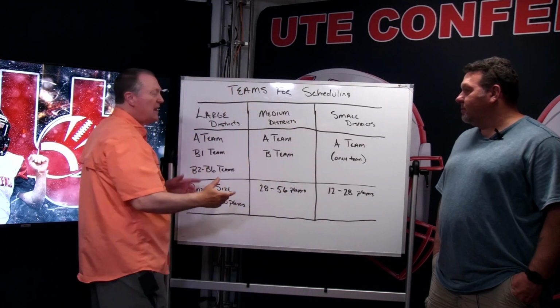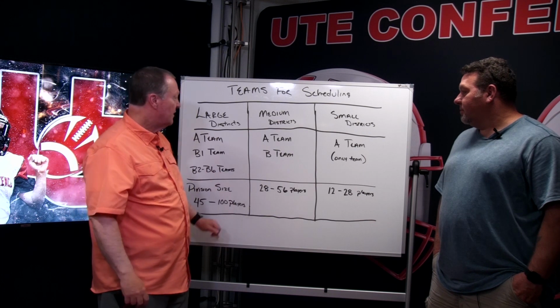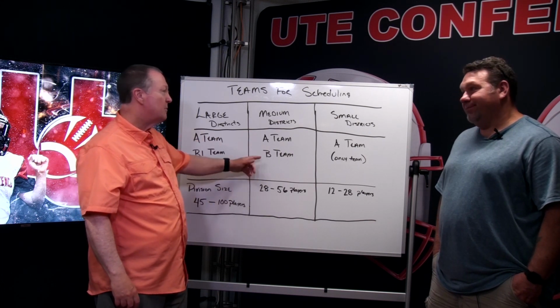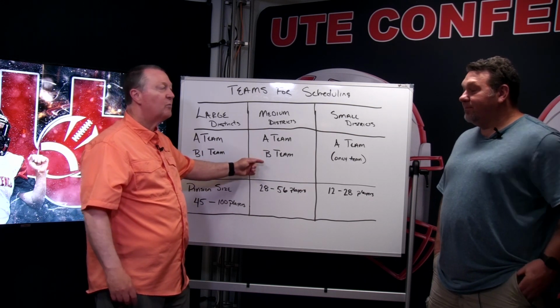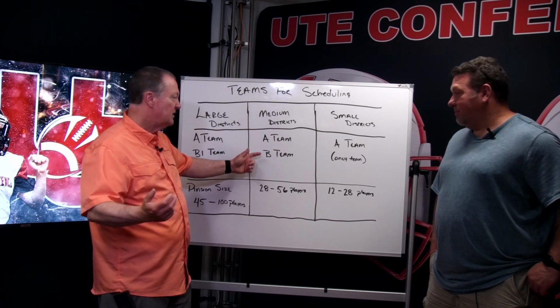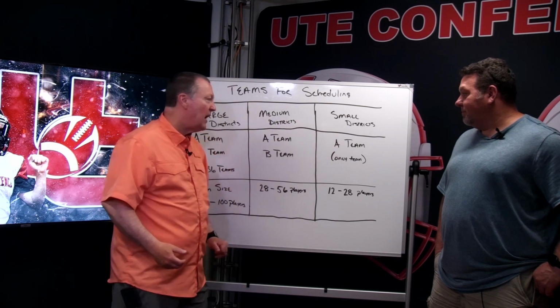But then that may not even be right, because let's say you have 28 kids. The A team takes the first 14. What does the B team get? What's left. Well, what's left may be kids that have never played the game and they're now gridiron age. So this team's probably not going to compete with that.